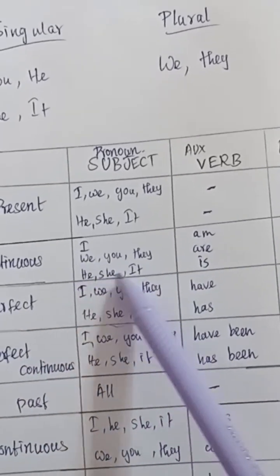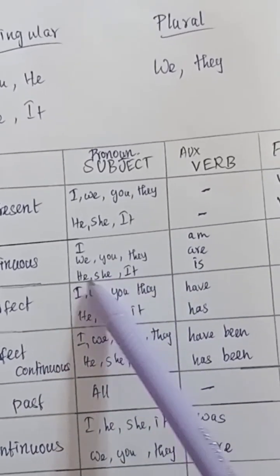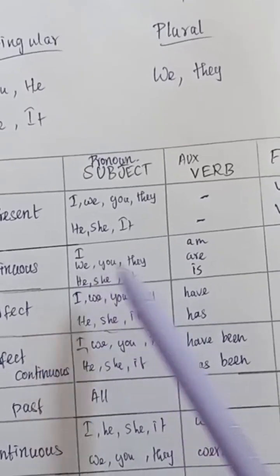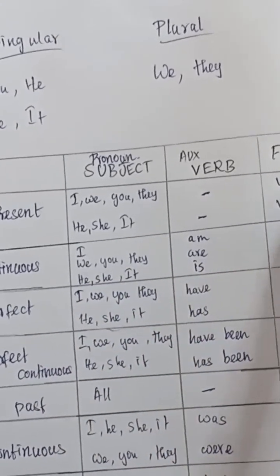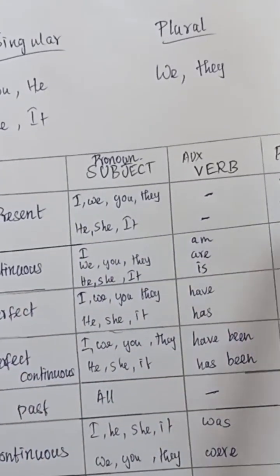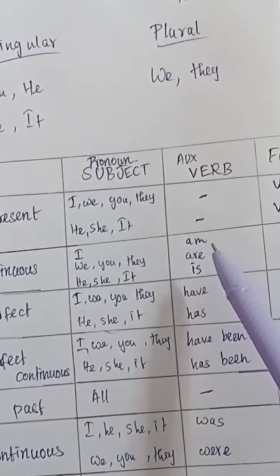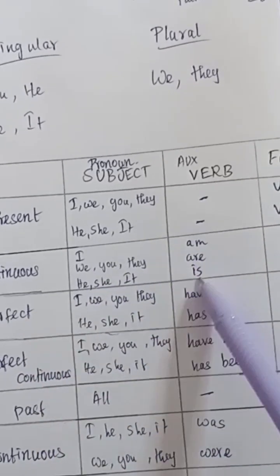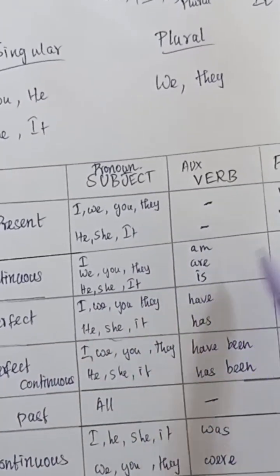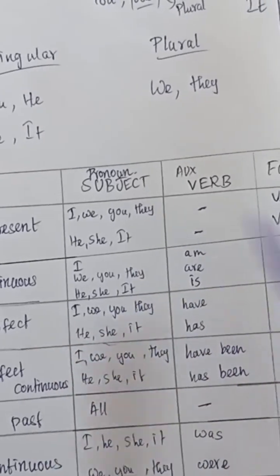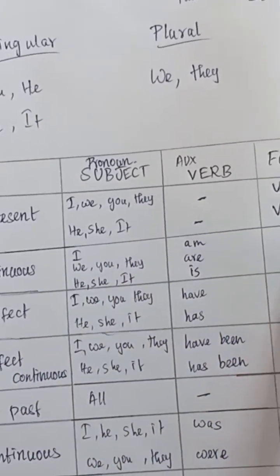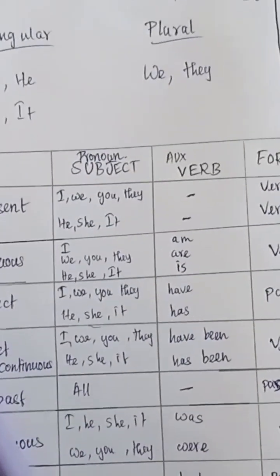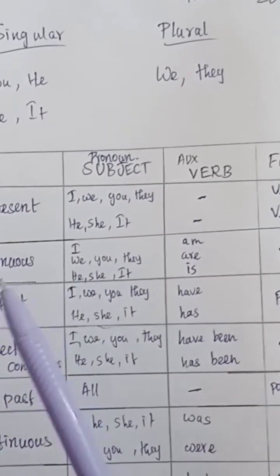And these three, the third person singular, as I said, have s in simple present, and here they have is. So he is writing, she is writing, it is writing. I hope you understand. Next, let's move to the next tense, present perfect.